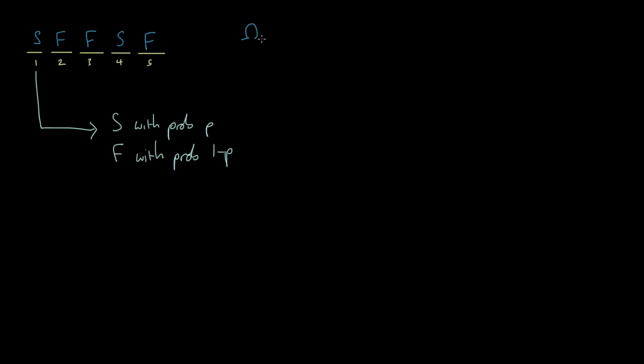If we were to define our outcome space, as we can with any experiment, it would be a string together of a bunch of S's and F's. If we had 5 consecutive failures, we would represent it by 5 F's. And if we had 4 consecutive failures and then a success, we would represent it by 4 F's and then an S. But we would distinguish between this outcome and the outcome where we got 3 failures, a success, and then another failure.